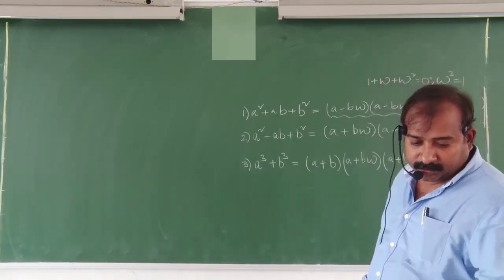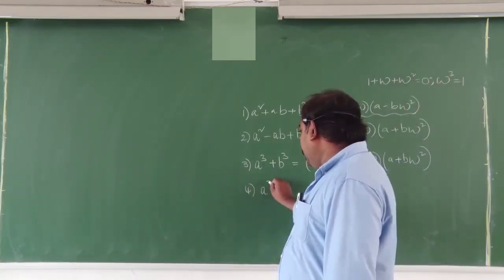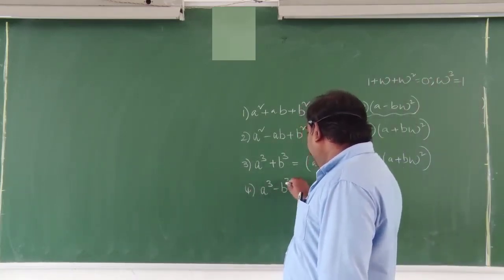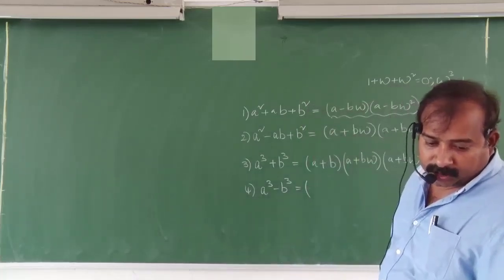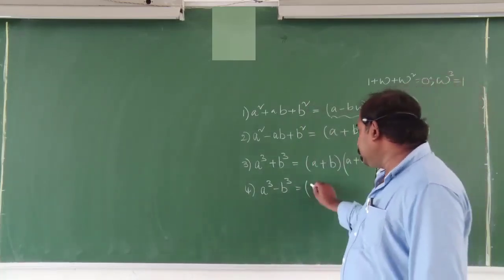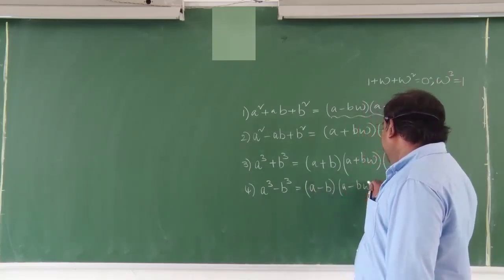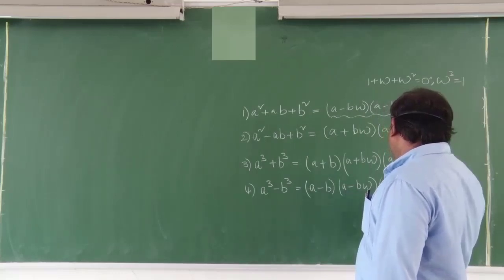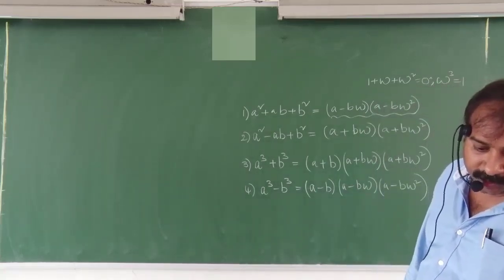Next, similarly, a cube minus b cube they also gave. So here the next property: a cube minus b cube equals, when you are discussing a cube minus b cube, all the signs are minus that we have to take. That means a minus b into a minus b omega into a minus b omega square. Like this we have to take it.